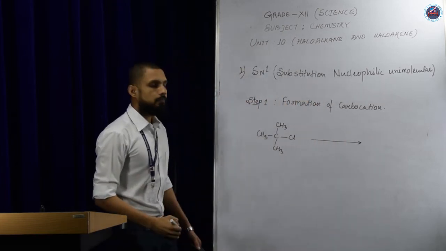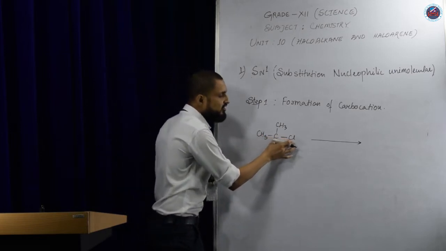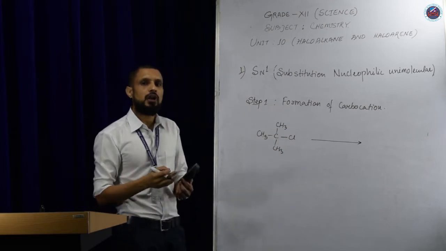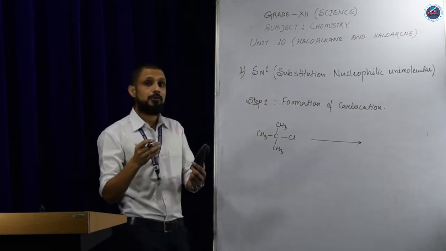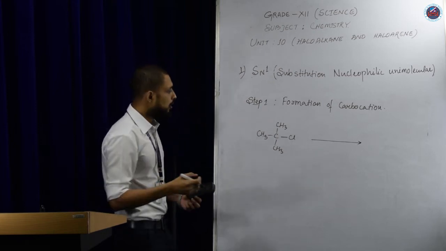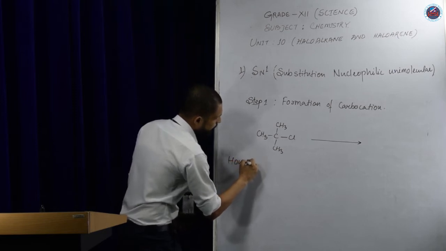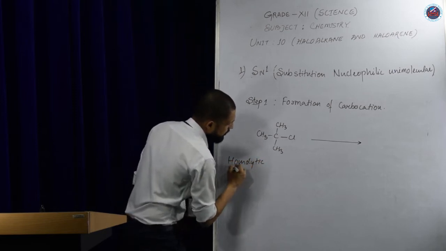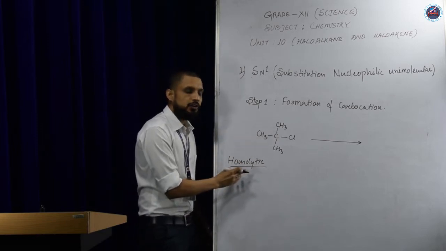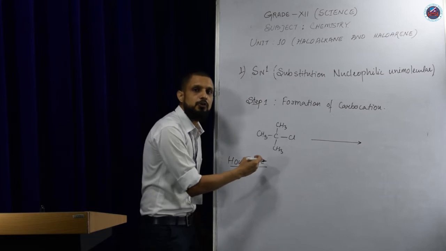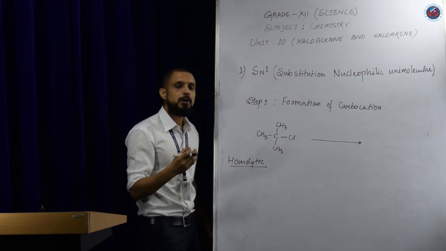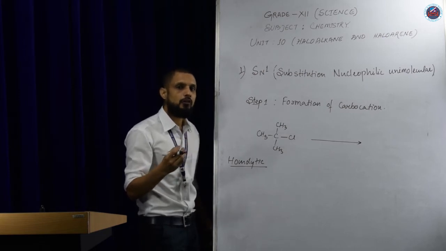So in the first step, the C-Cl bond in haloalkane will undergo heterolytic cleavage. Now there are 2 types of cleavage, homolytic and heterolytic. Homolytic means the bond breaking which involves equal distribution of electrons, whereas heterolytic involves unequal distribution of electrons.